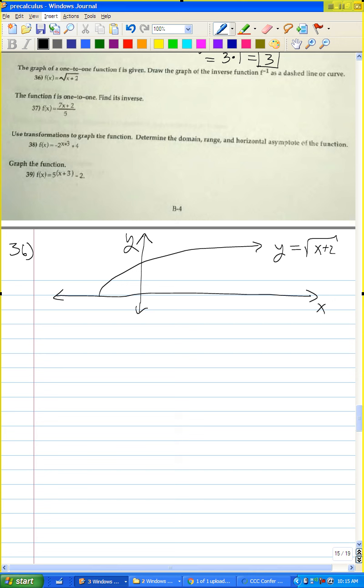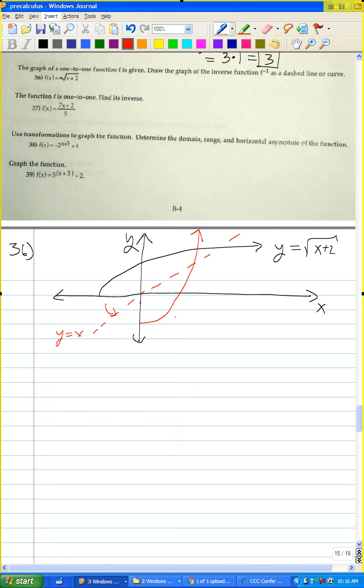So now what we want to do is we want to invert this. Okay, so here's the line y equal x. And I'm going to flip this over, okay, so that it looks like the same thing on the other side. So it should look something like this.